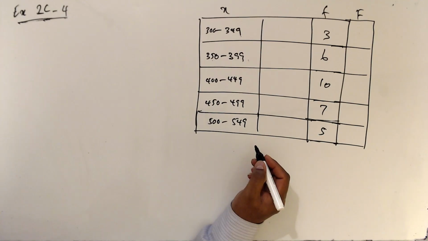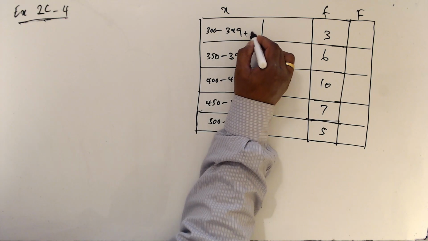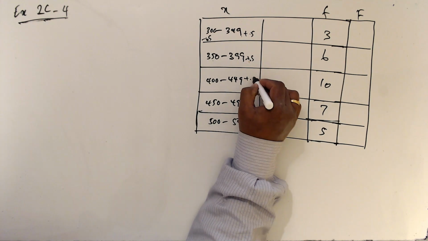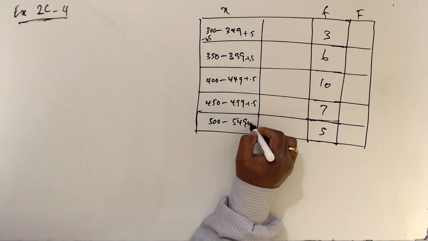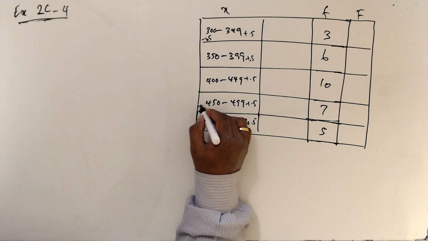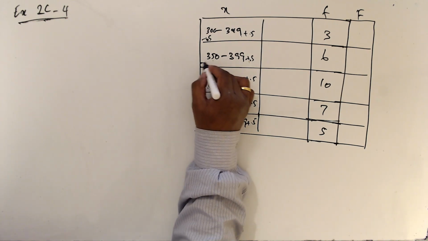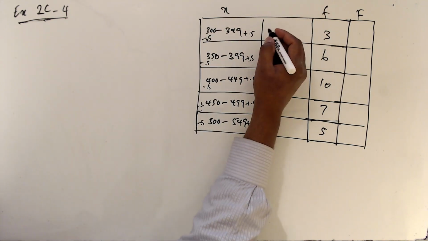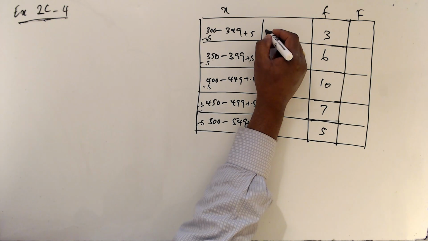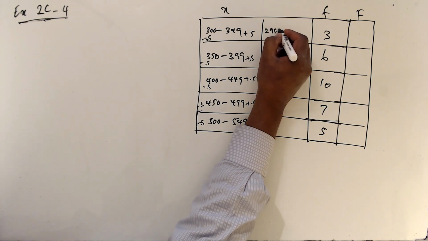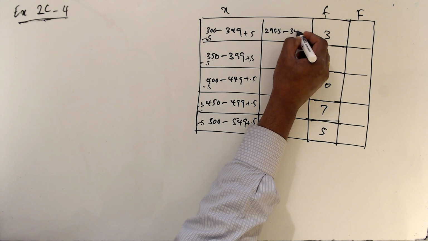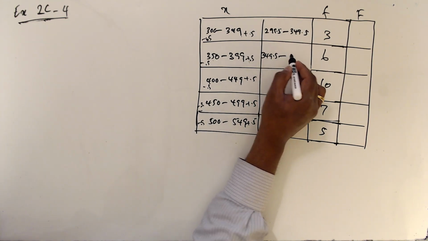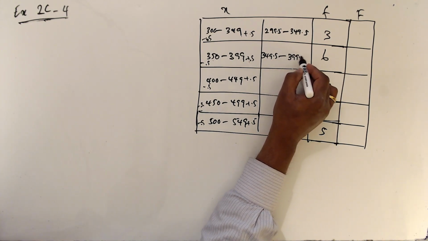Then we have to add 0.5 and minus 0.5. So this becomes 299.5 to 349.5. Then this becomes 349.5 to 399.5.